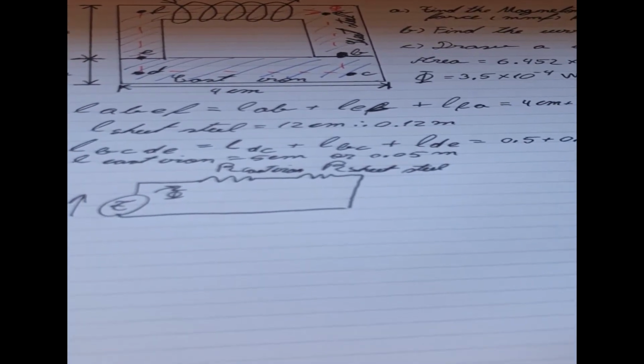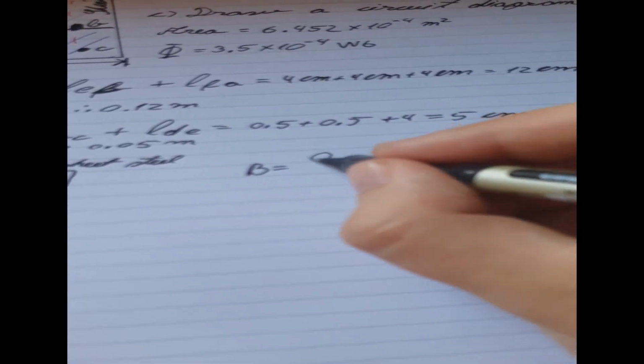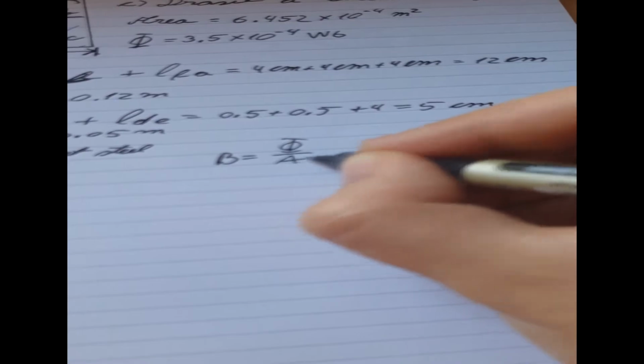So let's keep going. What is our next step? Well, our next step is to find the value of Tesla. Let me mark this one as A. Basically that will be B, the formula equal to flux divided by the area.